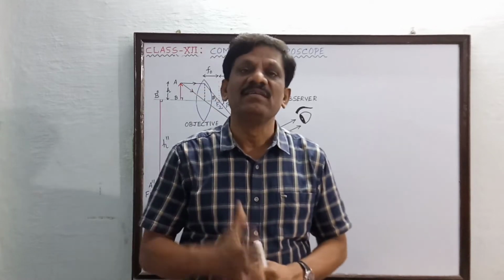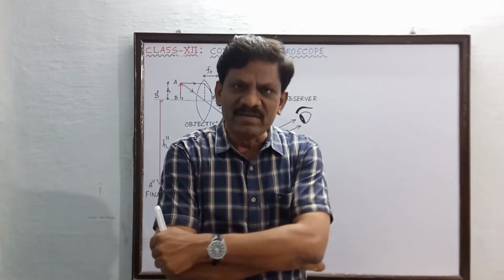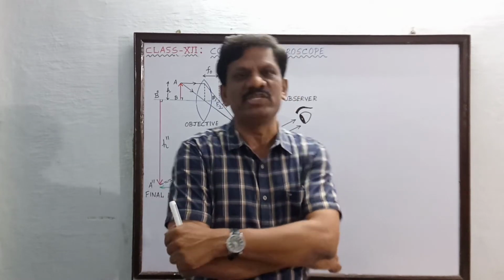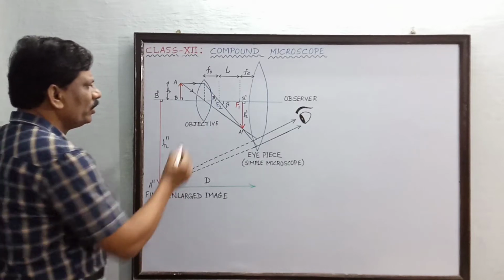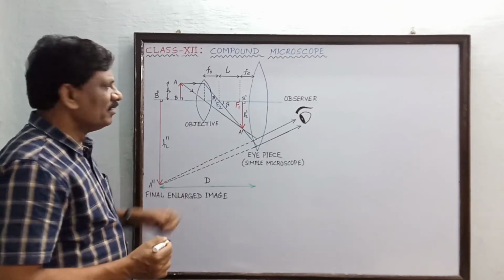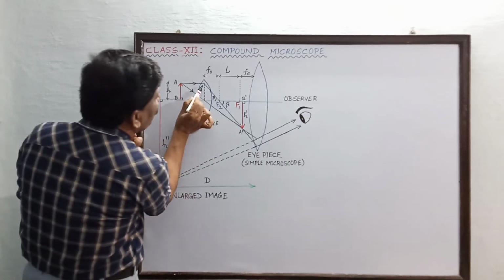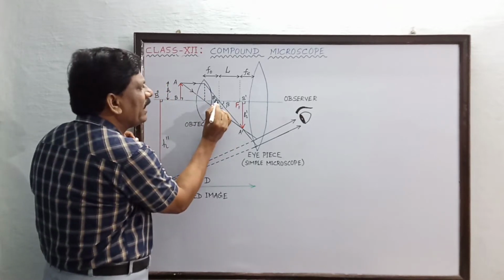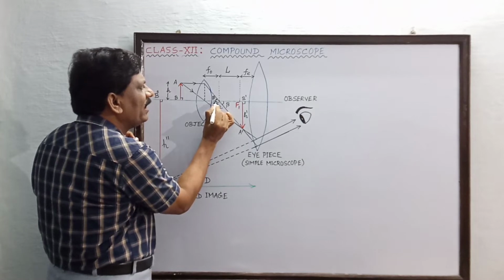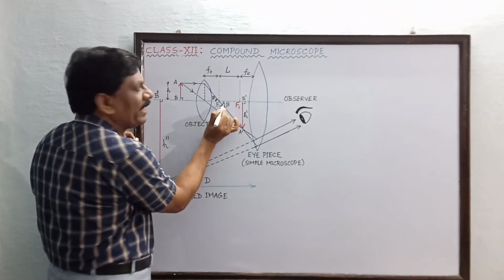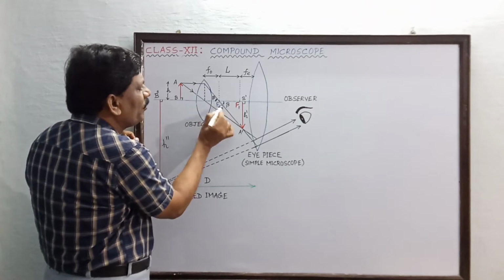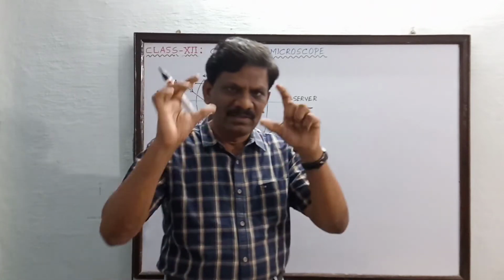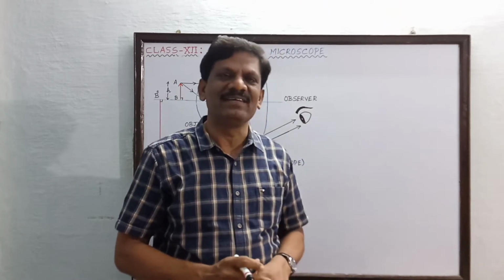So my dear students, first let us now derive an expression for the magnification produced by the objective. Now you look at this objective lens. In this picture, you can see the refracted ray passes through the second focal point, F2. Can you see that an angle is made by the refracted ray above and below the principal axis? So these two vertically opposite angles are equal, and I denote this by the symbol beta. Just watch that angle beta.